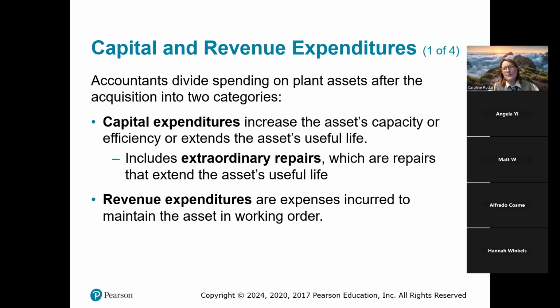Okay. That includes extraordinary repairs. Those are the repairs that specifically extend the life of that item. Okay. And then we have revenue expenditures. Those are the expenses that maintain the asset in working order.